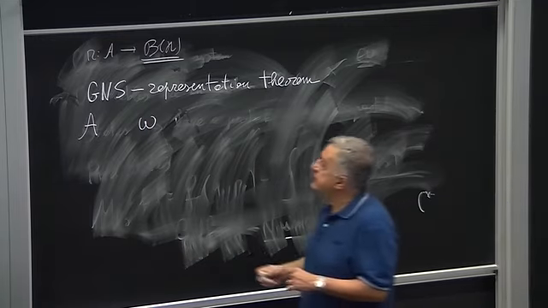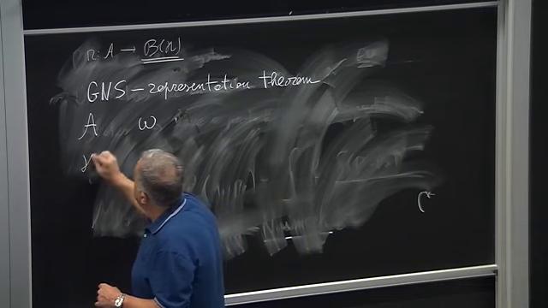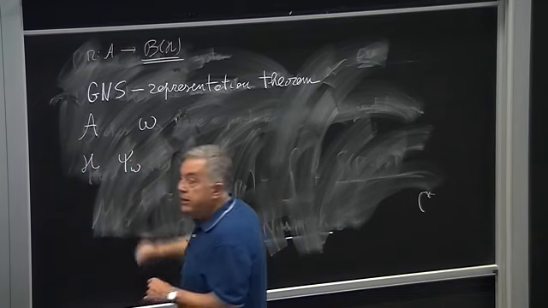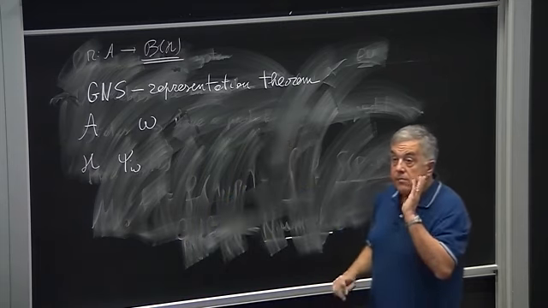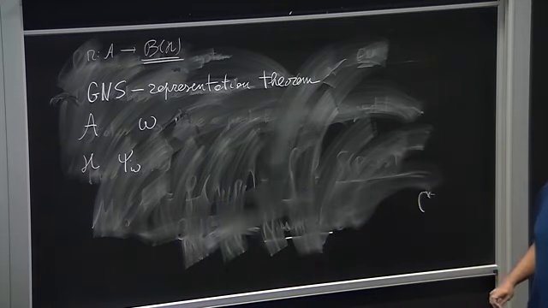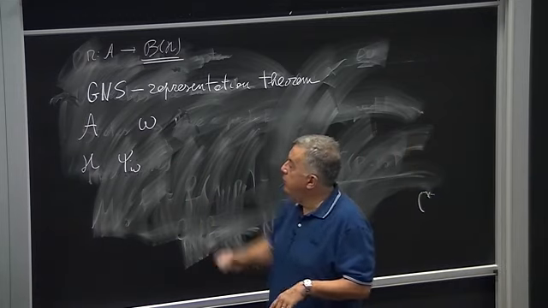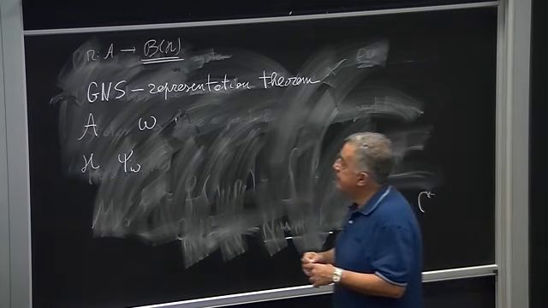There exists a Hilbert space H with a cyclic vector psi omega. I will tell you what the meaning of the word cyclic is at the end.